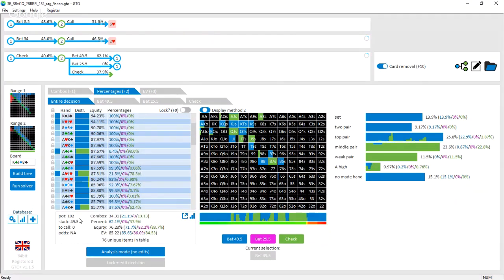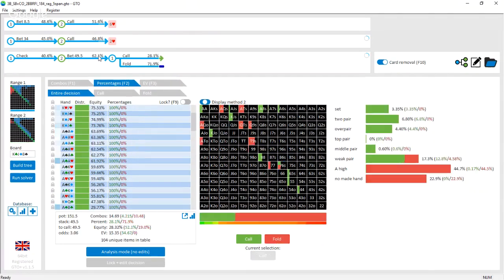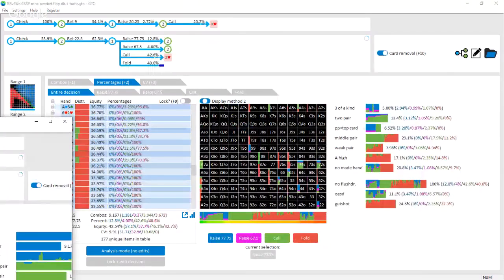Yep. And Thomas, when the in position shoves, what's the equity of the calling range that out of position has? Oh wow. 52%. Still has some hands that can call. Very few.